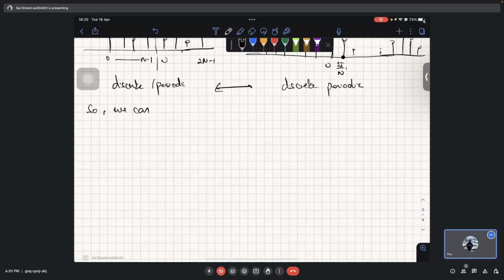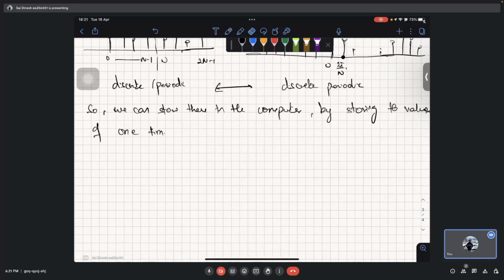So we can store this in the computer by storing the values of one period, because we are talking about the frequency domain also, so about one period.